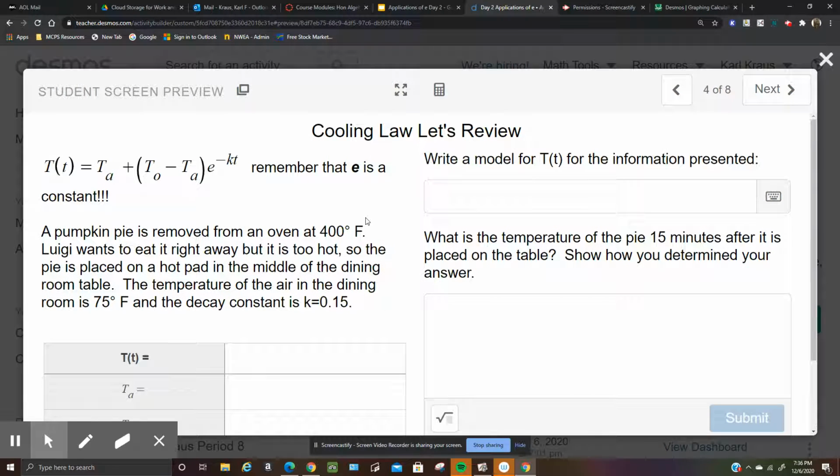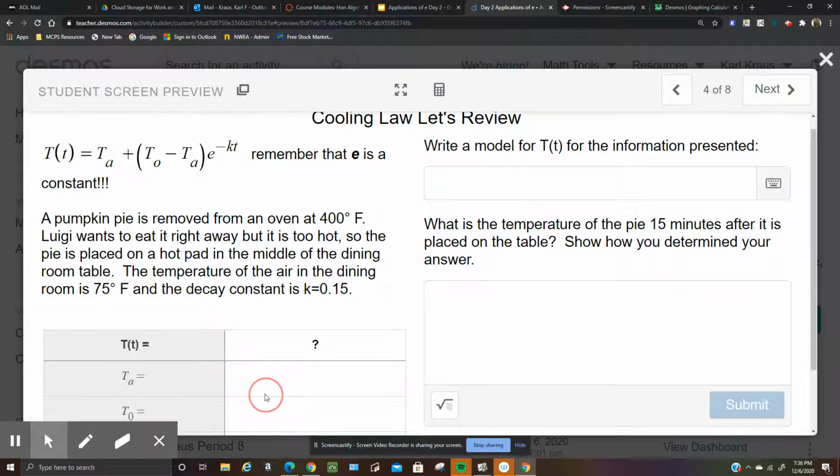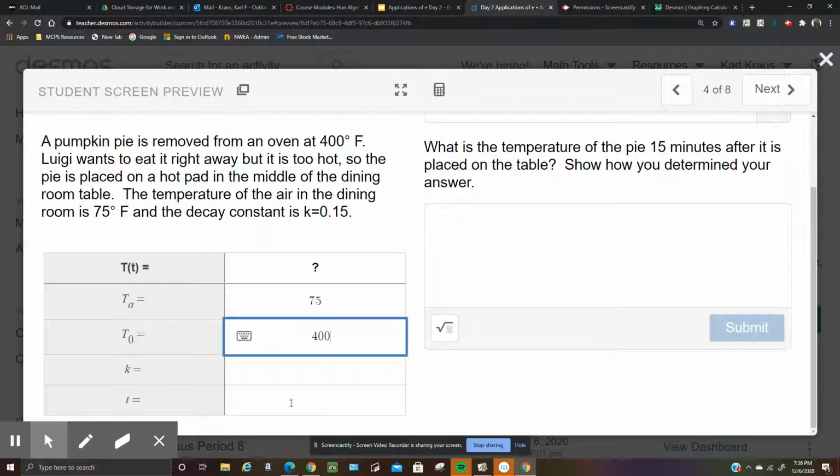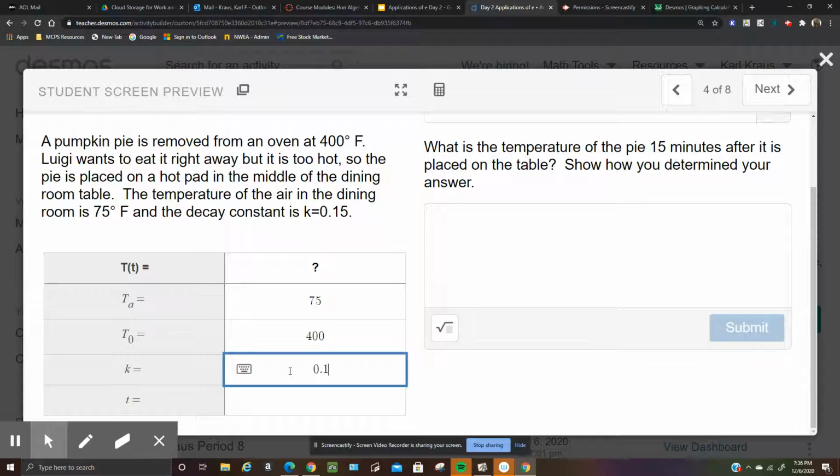All right, slide 4 is the pumpkin pie. And once again, you don't know what this is. The ambient temperature is the room temperature, 75. The initial temperature is 400. K is 0.15. T we don't know.